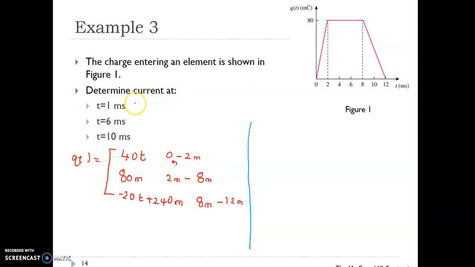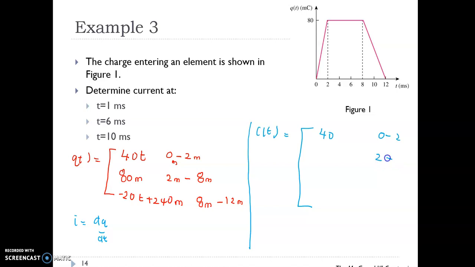Okay, so if you were asked to find what is the value of the current at t equals to 1, 6, and so on, actually you can differentiate these equations because I is equals to dq over dt. So in this case, I of t is equals to, from 0 until 2m, if you differentiate this, you get 40.